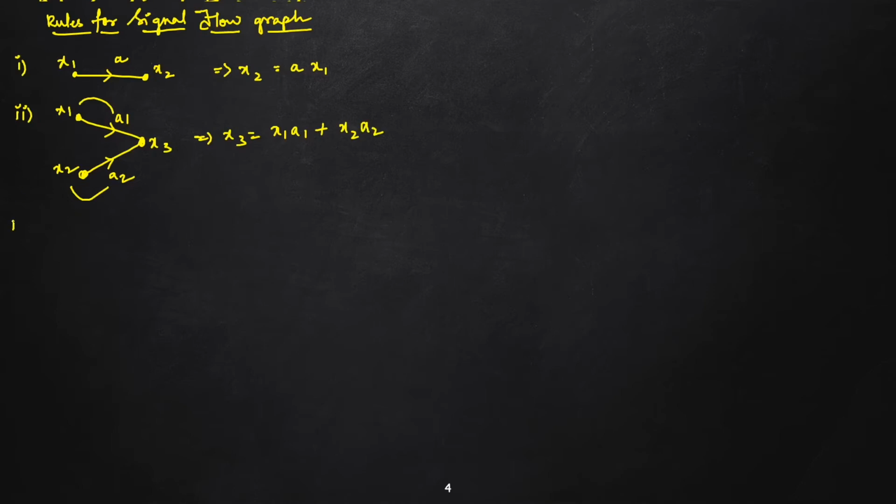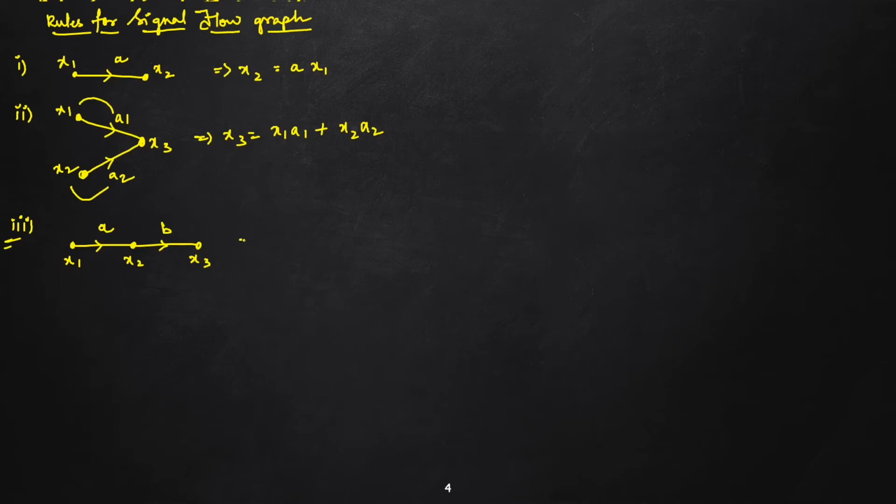And rule number 3: suppose we have three nodes like this, and each has a gain. For better understanding I will name them x1, x2, x3, as I used x1, x2 in the earlier case, with gains a and b.